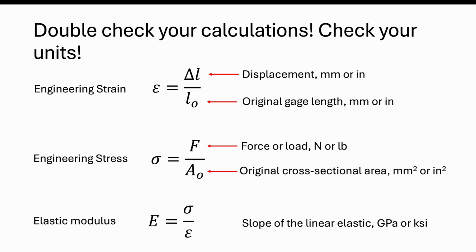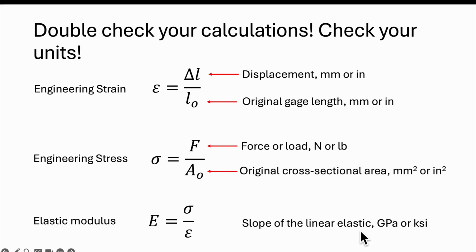And lastly, we can get to the elastic or Young's modulus, E. This is the engineering stress divided by the engineering strain, or sigma over epsilon. Therefore, this is going to be a slope, and particularly, this is referring to the slope of the linear elastic region of our curve.